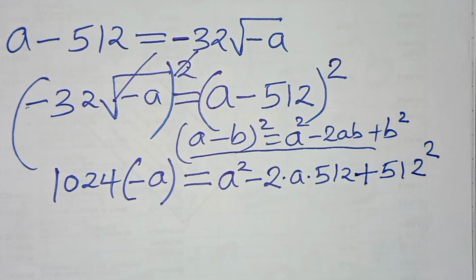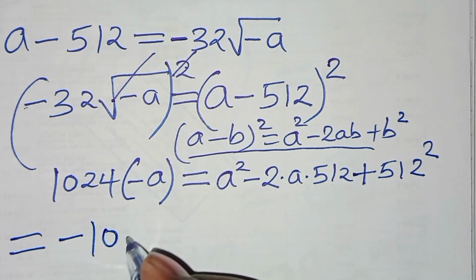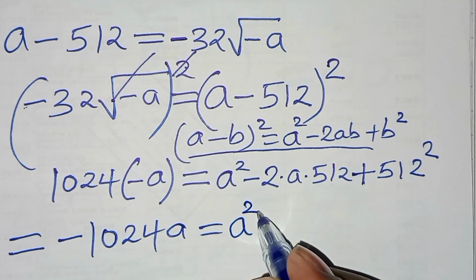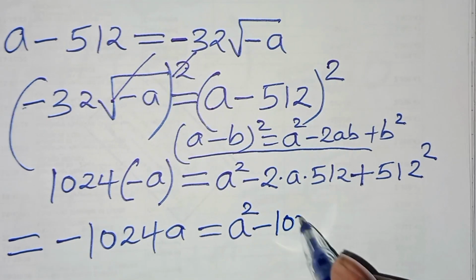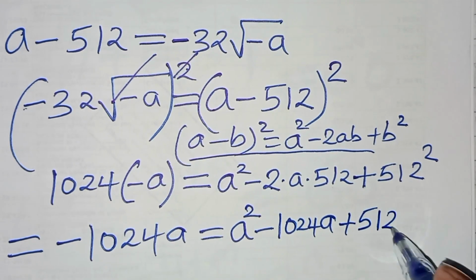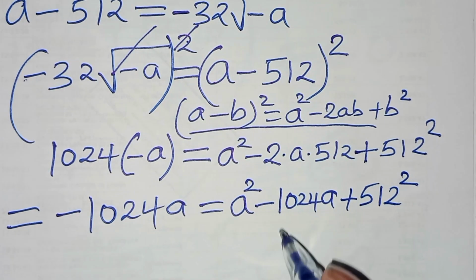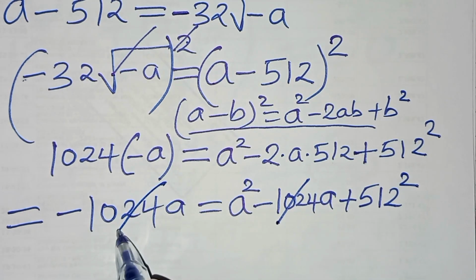So let's proceed here. We have negative 1024a is equal to a squared, now we have 2 times 512, this is minus 1024a, then plus 512 squared. The next step here, we simplify: negative 1024a and negative 1024a cancel.